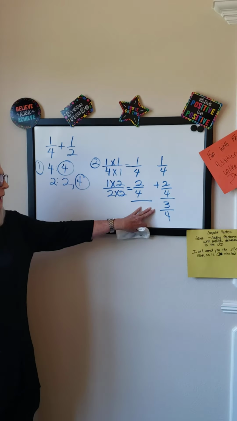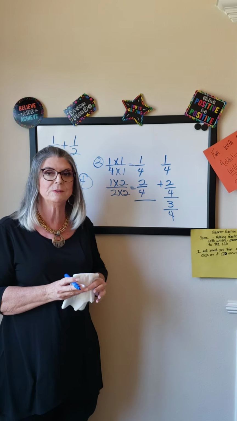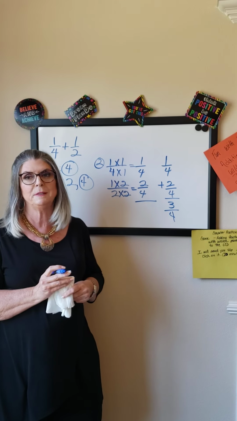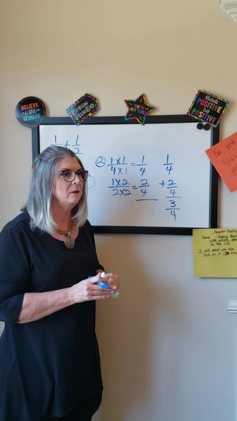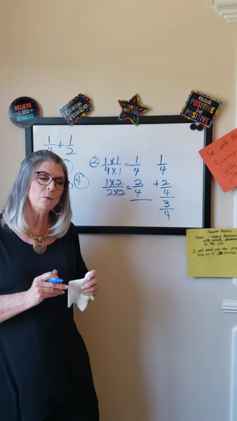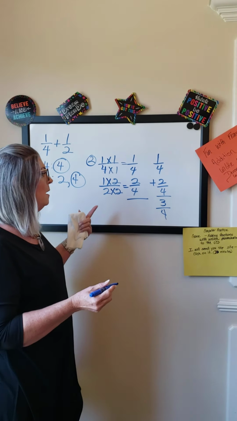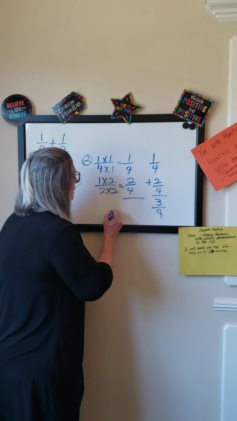Now, can we divide this top number into 4? No. Are we at our lowest or least common denominator? Can we divide 3 anymore? Can we divide 4 anymore? That would be the same. Multiples. If you don't know, then we need to possibly check to see what we times to get this.